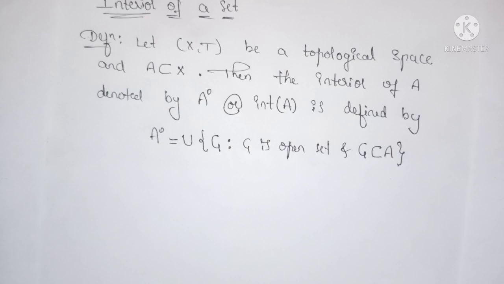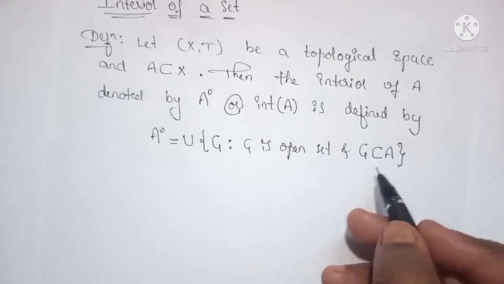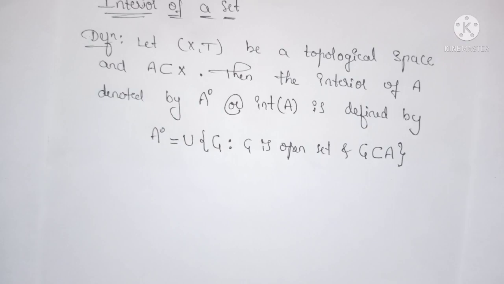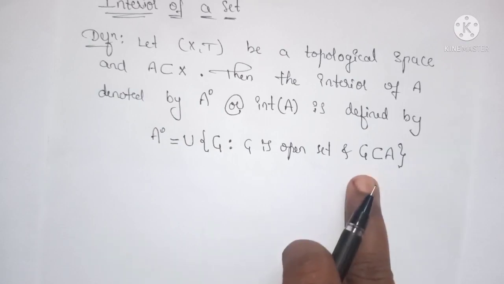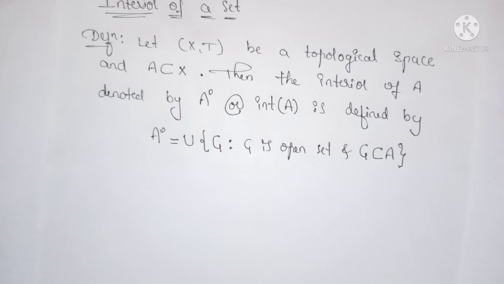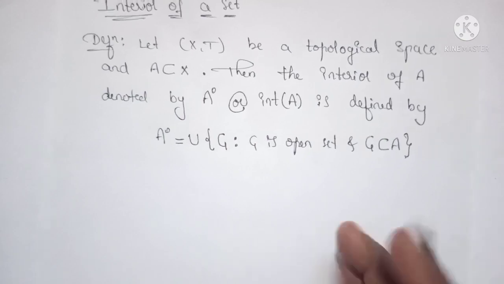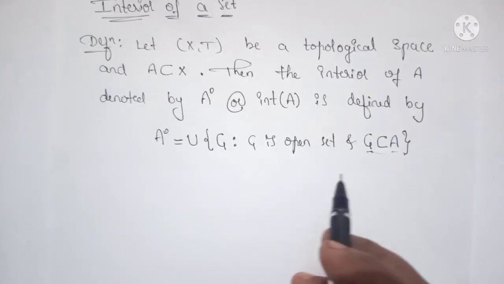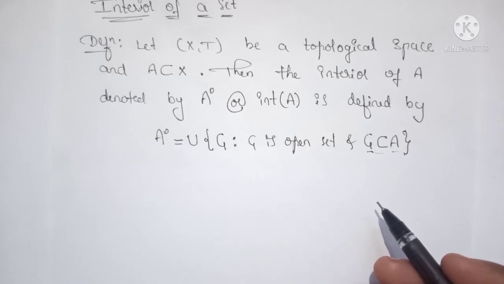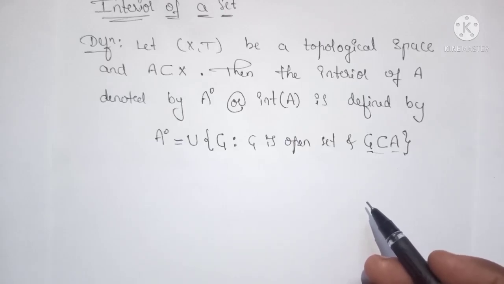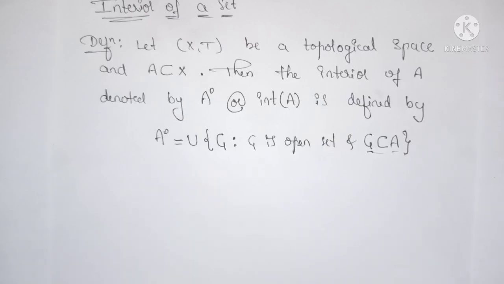Open set means they belong to T. So we collect all the open sets which are subsets of A, or contained in A. So it is the union of all those open sets which are subsets of A.